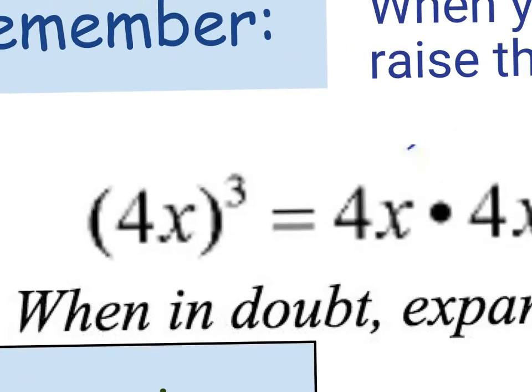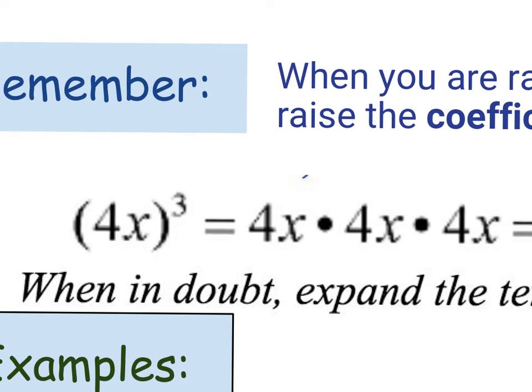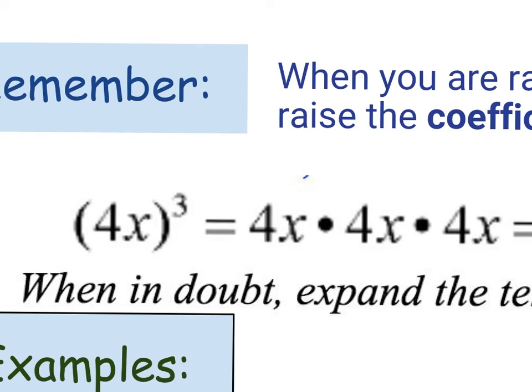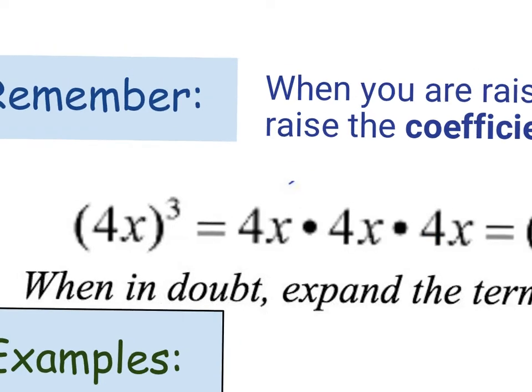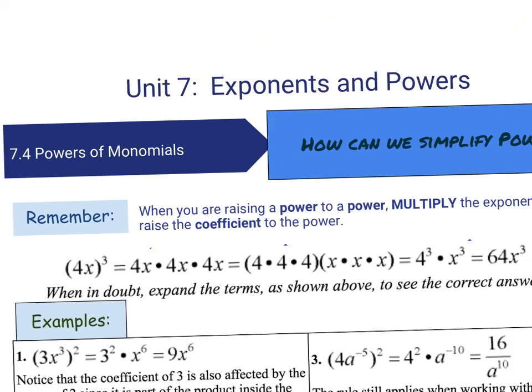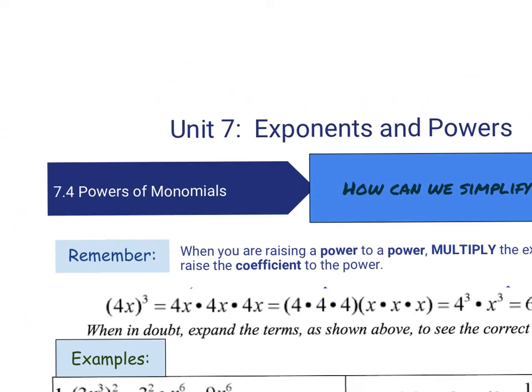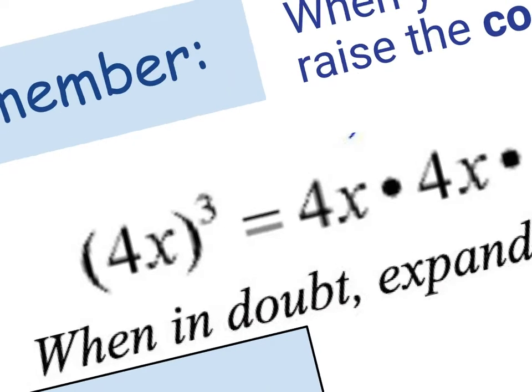So the long way of doing it could be you have 4x times 4x times 4x, and then you go ahead and you multiply 4 times 4, which is 16, times another 4, which is 64, and then you get x times x, which is 64x to the third.